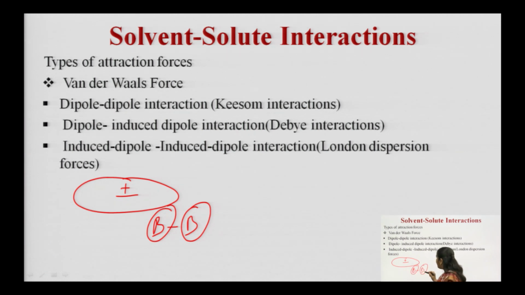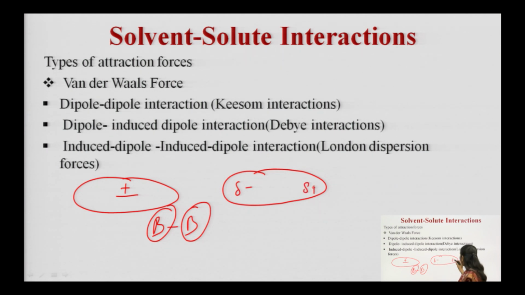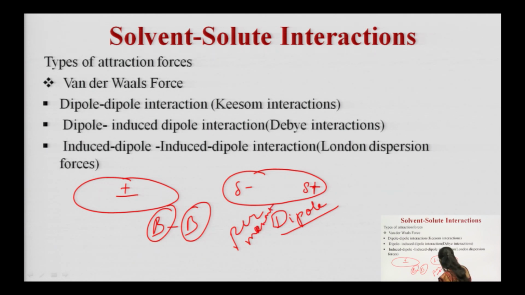Okay. Now, the polar molecules are known as permanent dipoles, the ones which have permanent dipoles.